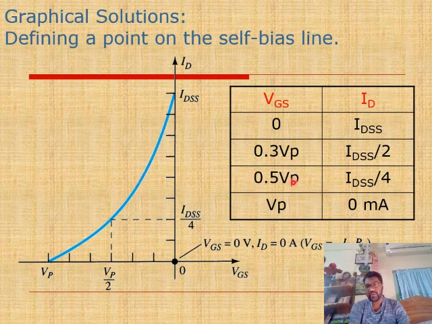Then at 0.5, 50% of Vp, it will be 1/4 of IDSS. Then at Vp it will be completely 0, so no current conduction will happen at pinch off voltage. Likewise we have to draw the characteristics and the load line to point out the Q point.